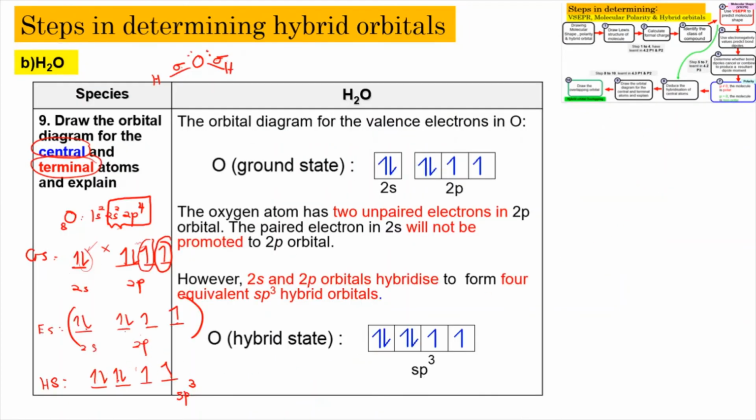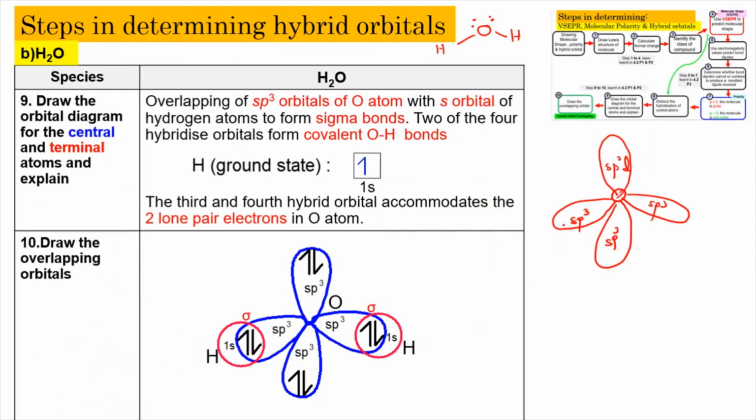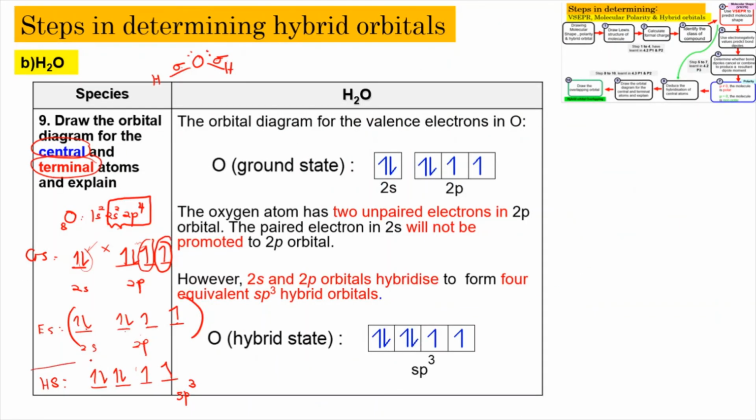You're going to have two orientations with two electrons, and 2 of them with a single electron. The single electrons we try to make consistent with our VSEPR. So a single electron here, a single electron here, and then 2 electrons here, and 2 electrons here.